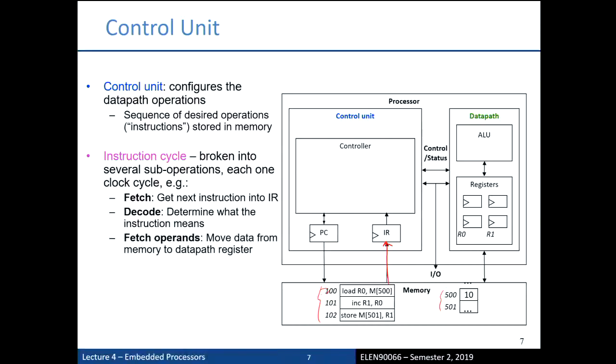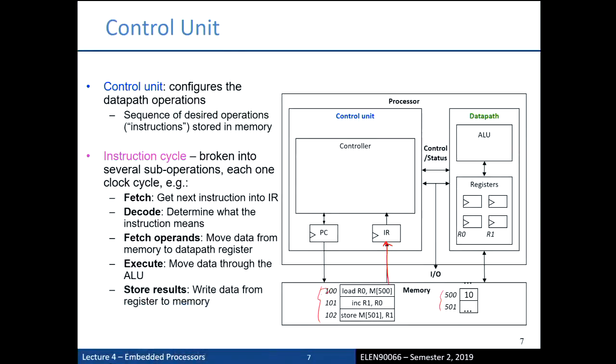Then it actually has to go and fetch what it needs. For instance, that load operation: once it's worked out that it's a load operation, it has to go and grab the register values, R0 in this case, and a direct memory access as well. Then it actually does the execution. So it pushes it through the ALU, right? Maybe it's doing some math operation, or maybe it's just pushing it through the ALU to get back into the registers.